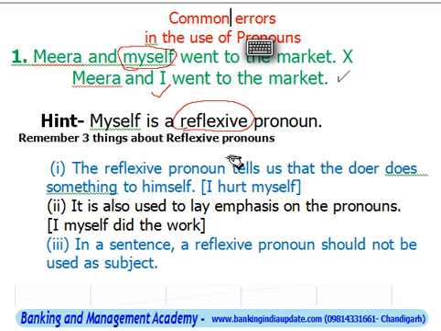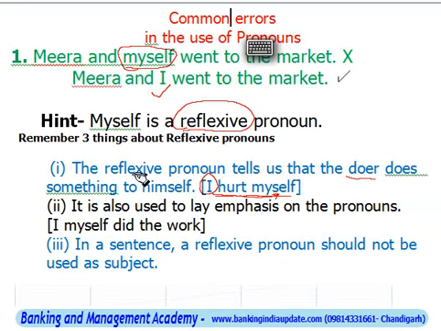It is important to remember that reflexive pronouns are used in the following cases. First, we use reflexive pronoun to denote the doer has done something. Like in the example, I hurt myself. I denotes who has been hurt. It is me, myself, who has been hurt.